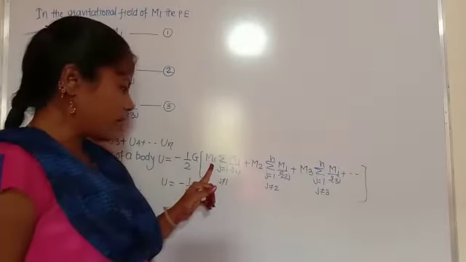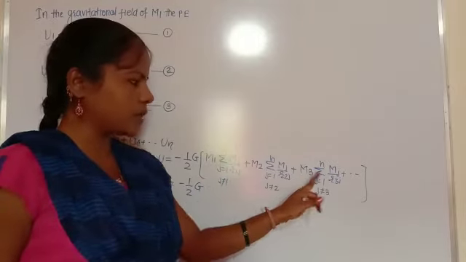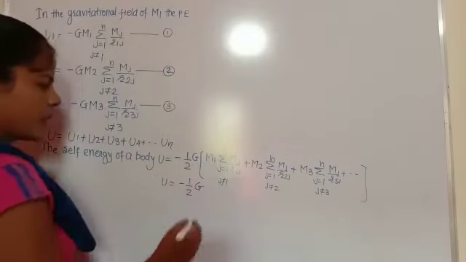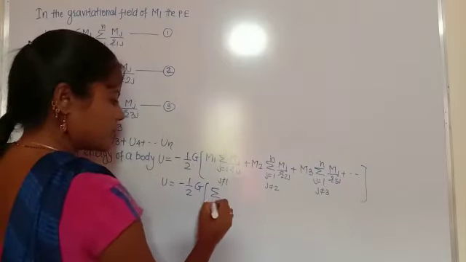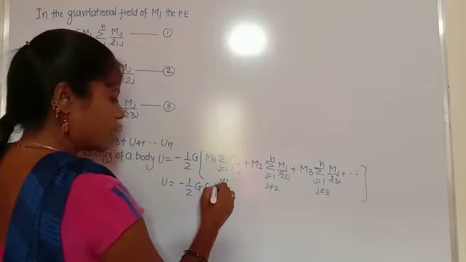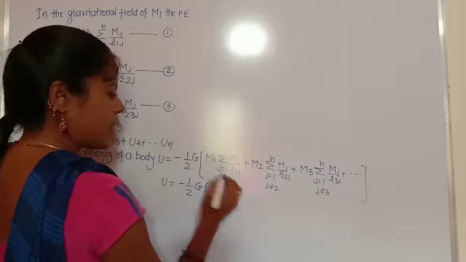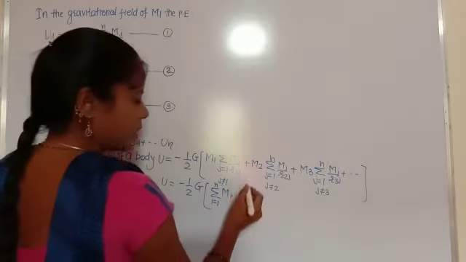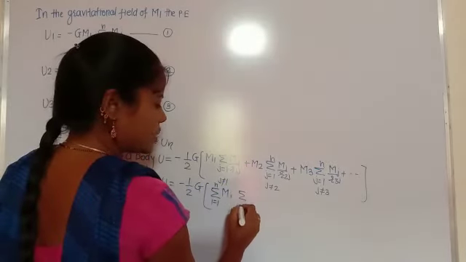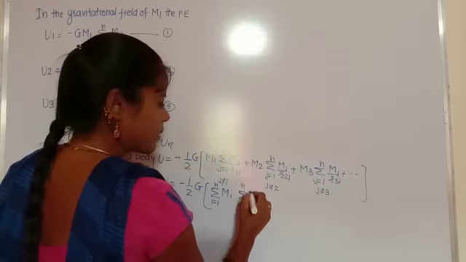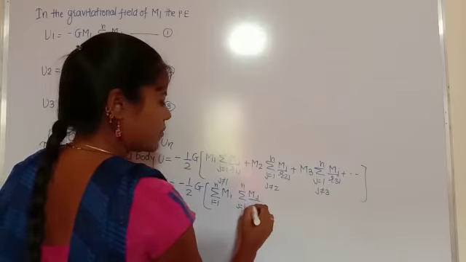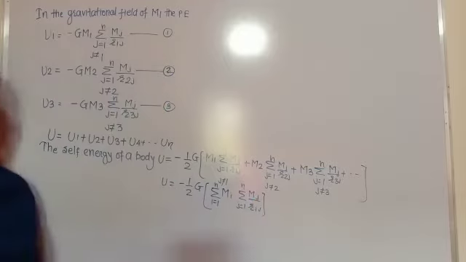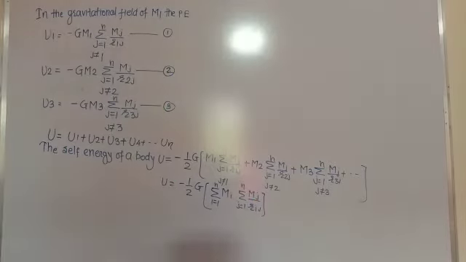Okay, so here observe these terms m1, m2, m3, then next m4, m5 up to mn. So we write this as a first summation, i equals 1 to n, with mi, and next the summation we know already, that is j equals 1 to n, with mj divided by rij.